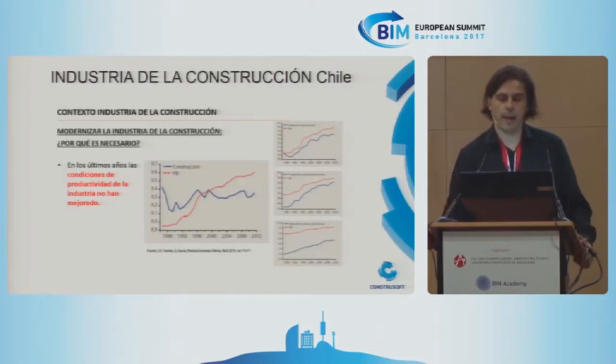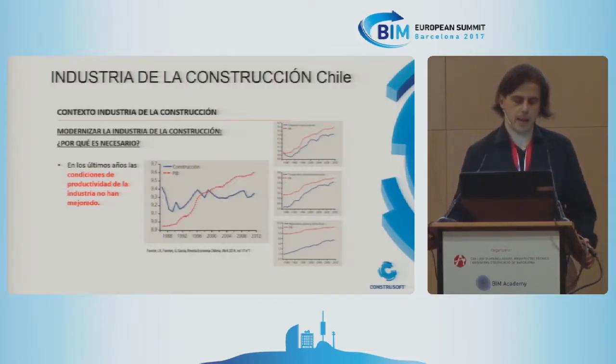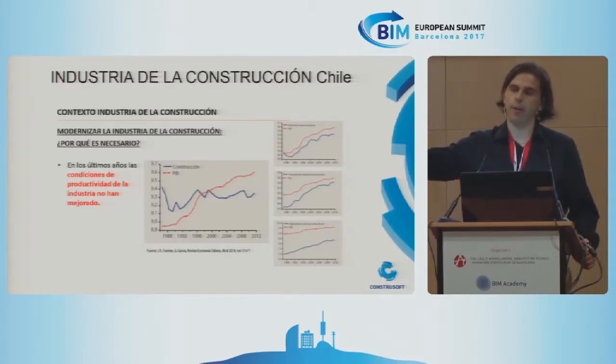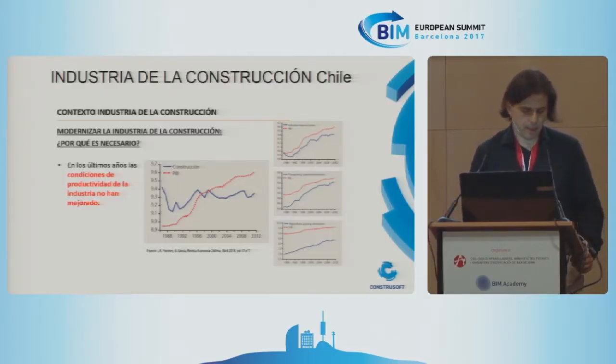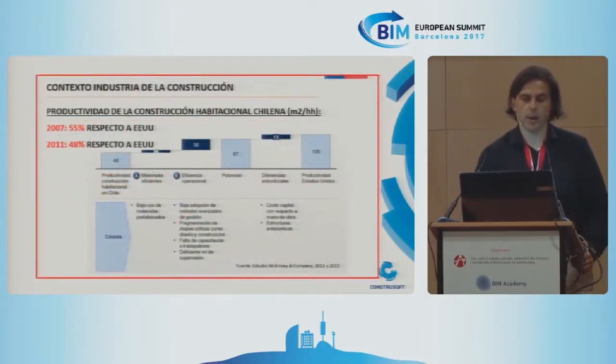BIM and productivity. The Chilean government actually carried out an analysis, and we see the blue horizontal line. We see that productivity does not really grow, but other sectors are growing. So why do we not have more productivity in construction, while other sectors do?